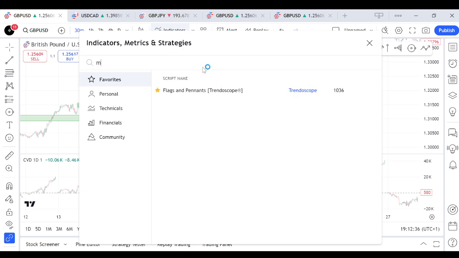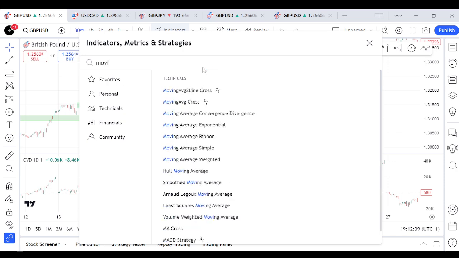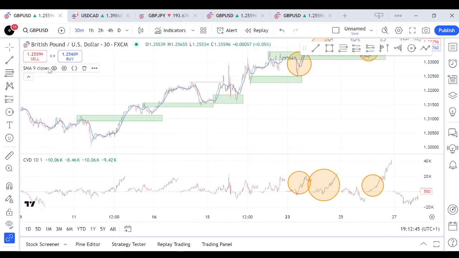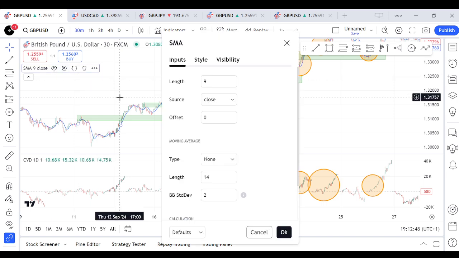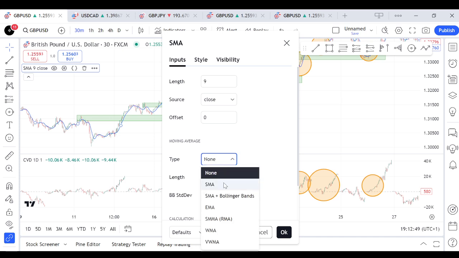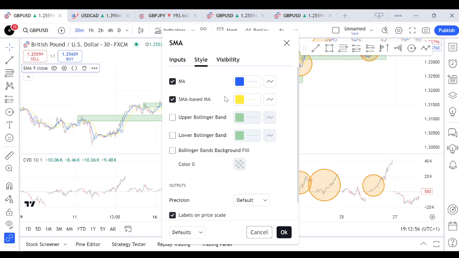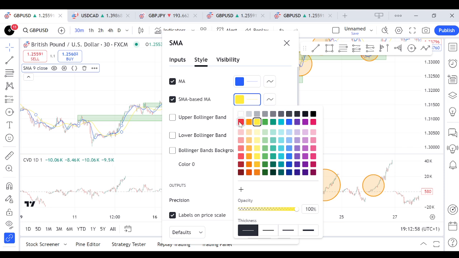I'm just going to try to put that in for us. So I'm just going to select the simple moving average, and I'm going to use the 21-day moving average, and I'm going to change the color to red.